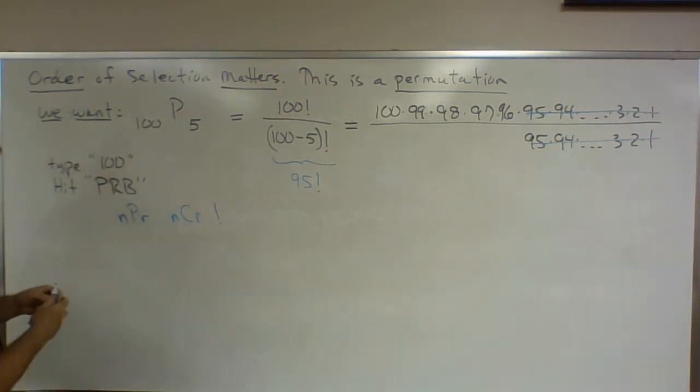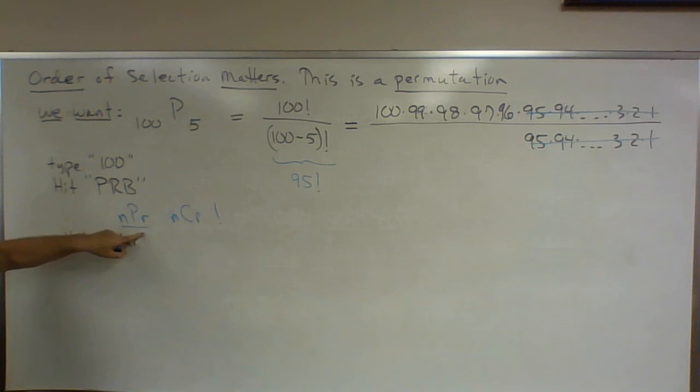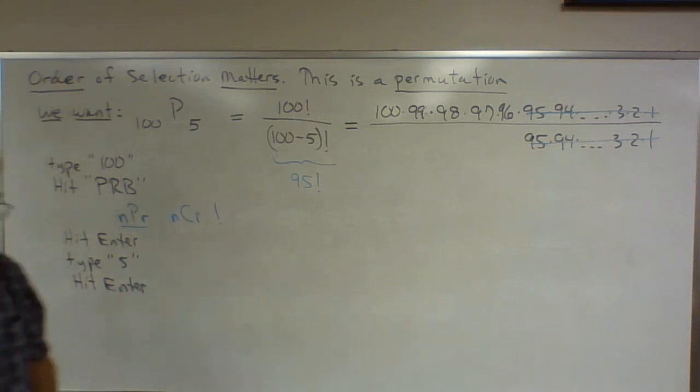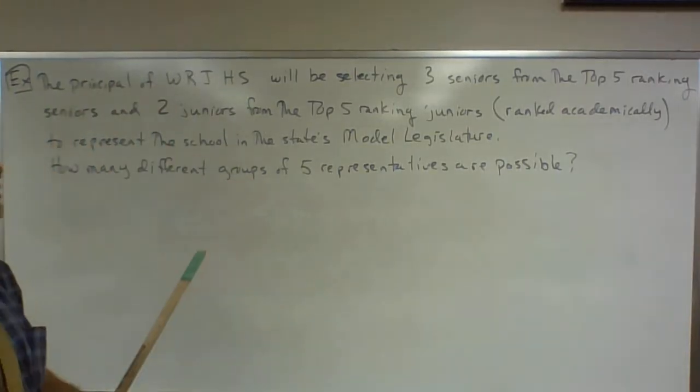And nPr is already going to be underlined. So we'll hit enter. And what we're going to have is 100 nPr, and we'll type in the 5 and hit enter.